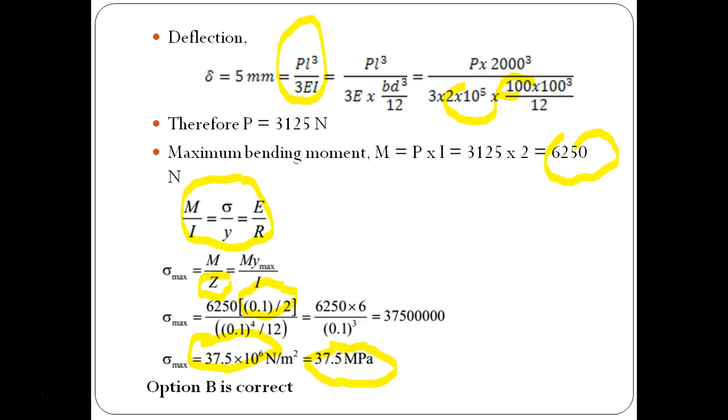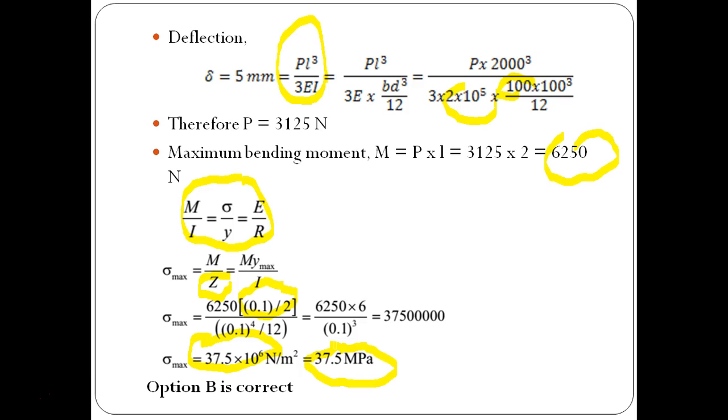Then we just calculate the bending stress, that is equal to M by Z. So Z equals I by y, and y equals d by 2, and I equals d raised to the power 4 by 12. And once we convert in terms of MPa, we get the final answer, that is option B is correct.